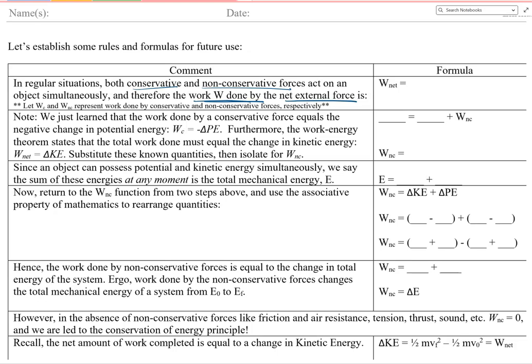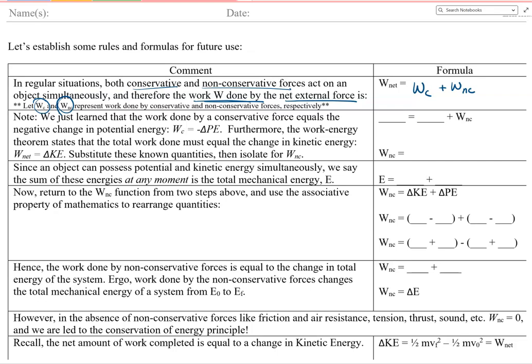So we would then say that our net amount of work, as it is a sum of all individual forces that are doing work on an object, is the result of the sum of the work done by conservative forces and the work done by non-conservative forces. We use W_C and W_NC to represent work done by conservative and non-conservative forces.